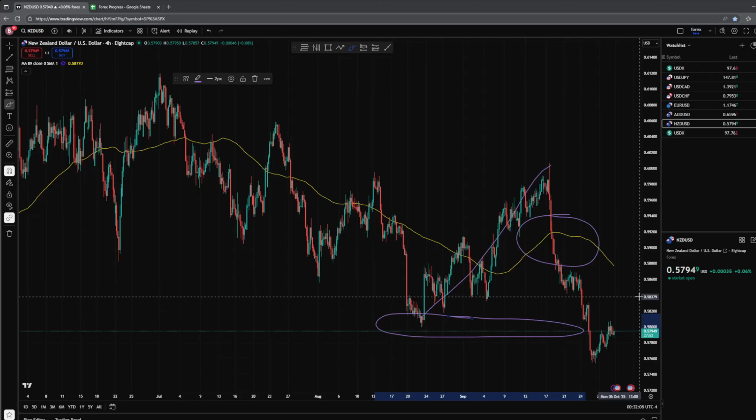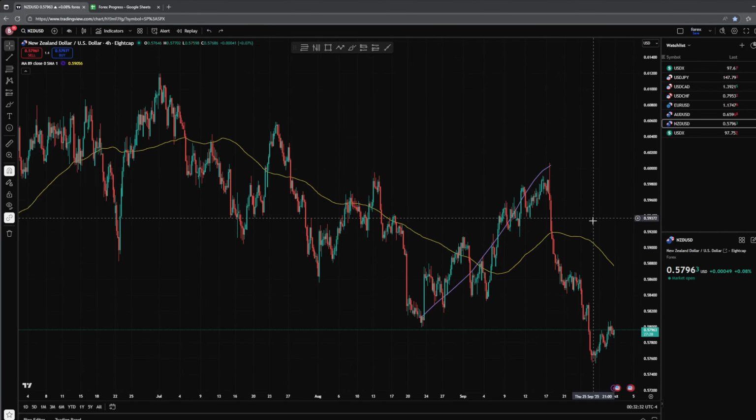One thing I learned from this experience is that even though you have multiple great opportunities, always pick the best one, meaning whatever aligns more with the bigger picture and more with the overall trend. So that's the really important lesson I learned, and overall I'm happy with this loss because I learned a lot.